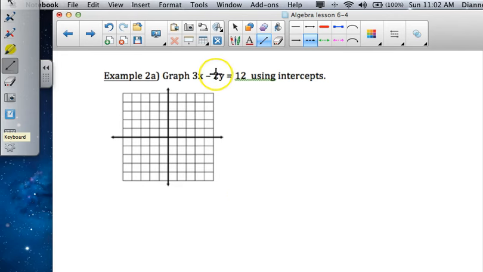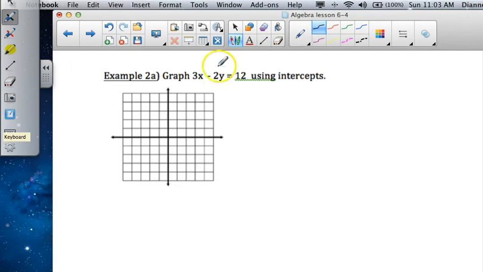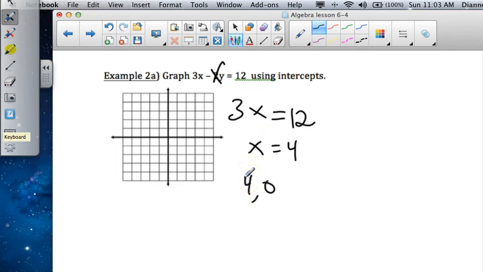Once again, I'm going to find the x-intercept first by just knowing that when I put 0 in for y, negative 2 times 0 is 0. So the x-intercept is just going to be 3x equals 12. So x equals 4. So 4, 0 is the x-intercept. 1, 2, 3, 4.